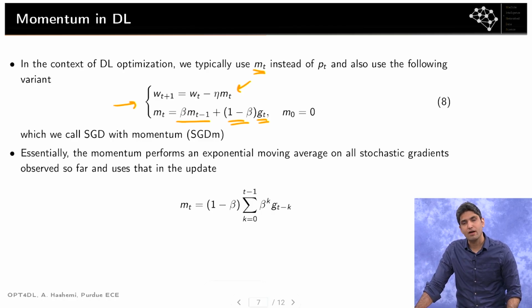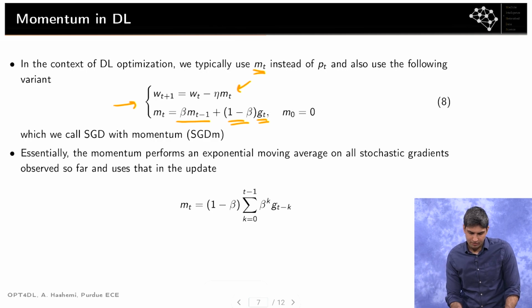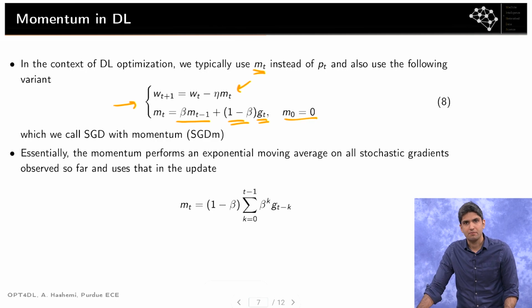And as we'll see, this is something that's going to lead to what I refer to as the bias variance trade-off perspective into momentum. In terms of initialization, we set m_0 to be 0.